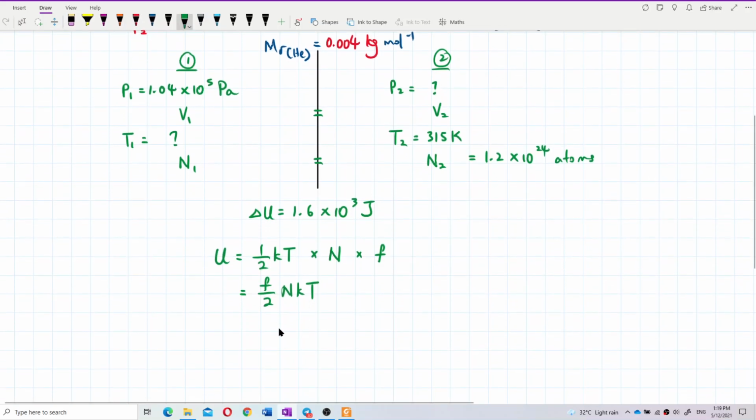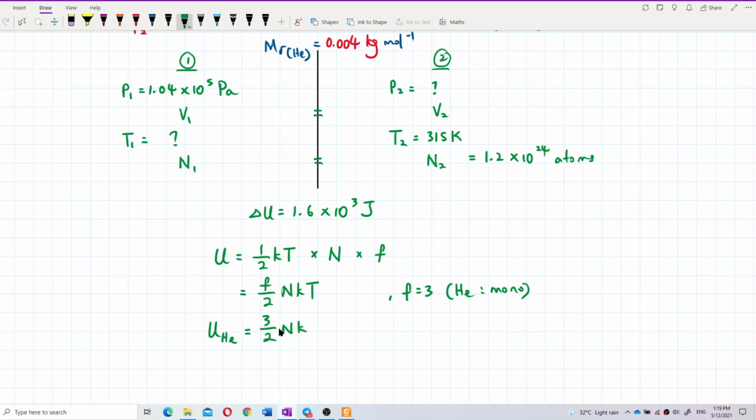And then for helium, the degree of freedom is 3 for helium, monoatomic. So it becomes 3/2 nkT. That's the internal energy for helium.